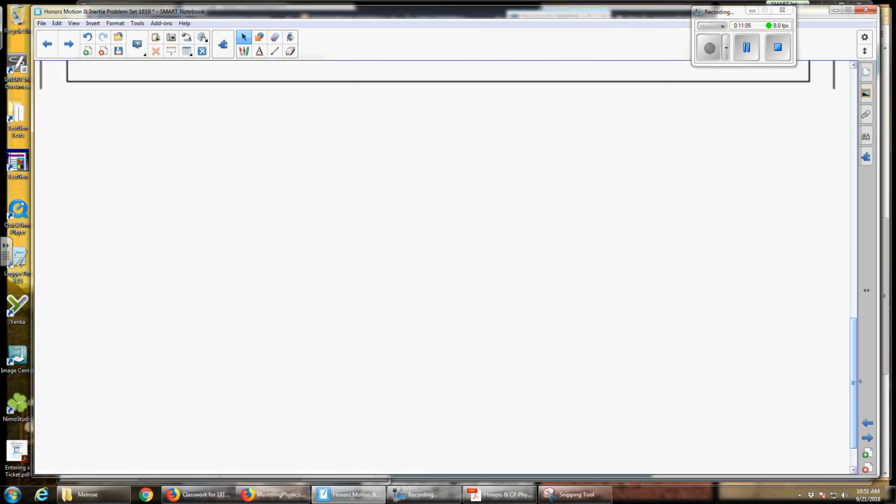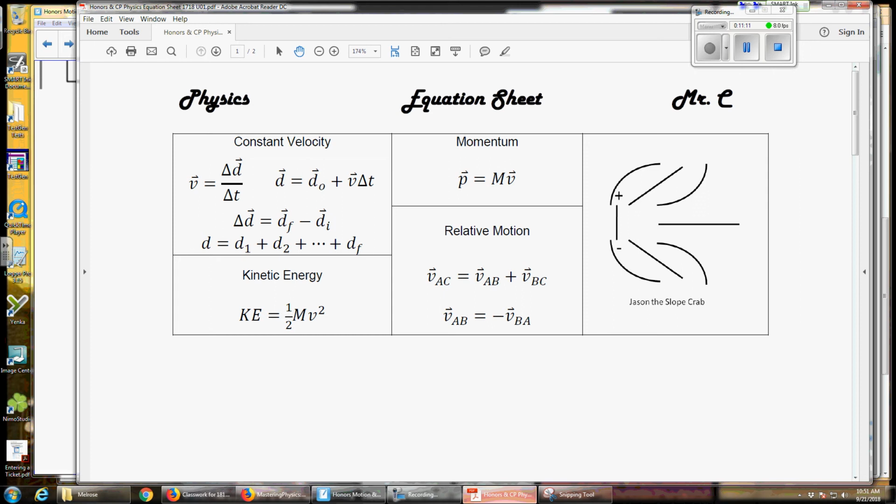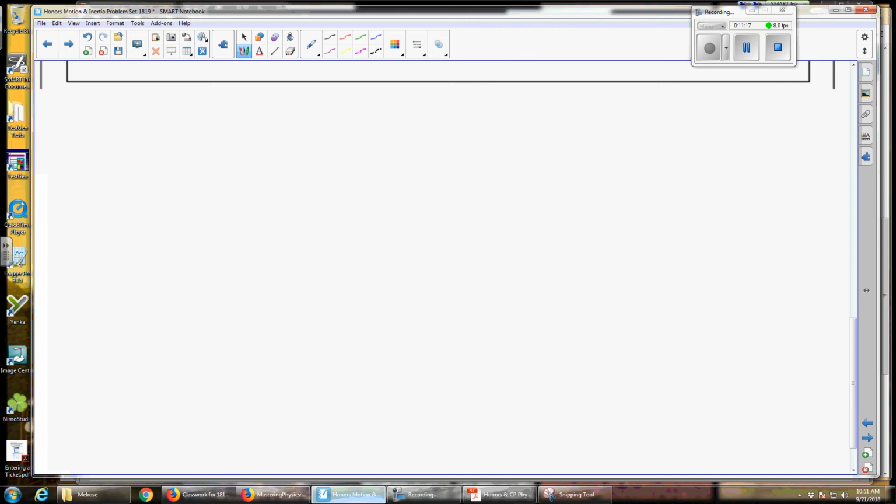So my equation, from my equation sheet, is going to be the momentum equation. It says momentum equals the inertia times the velocity. Notice the lowercase p. And I know that the momentum of the bus must equal the momentum of the ball.